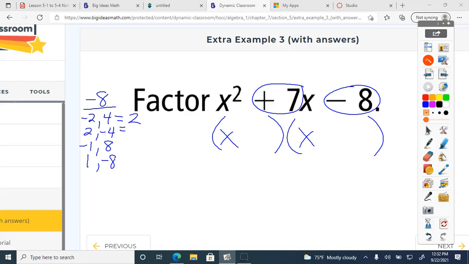Negative 2. 8 minus 1 is 7. 1 minus 8? We need it to equal what? Positive 7. Here are my numbers. So what goes in the parentheses? Negative 1 and 8.